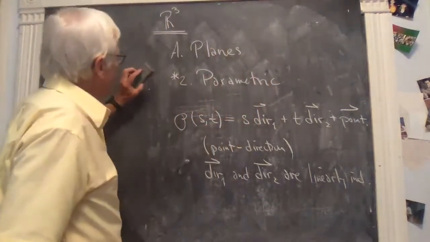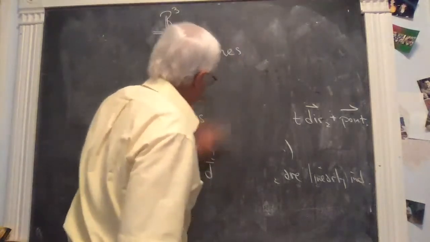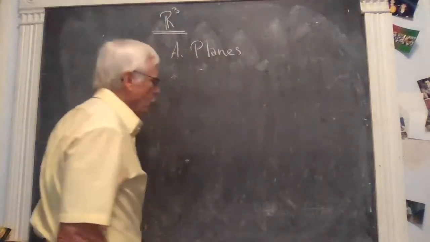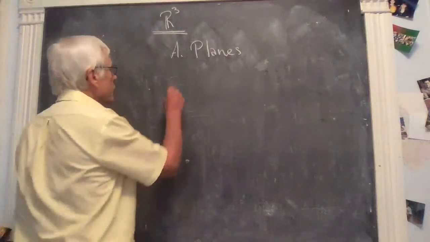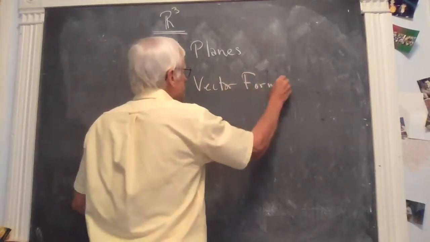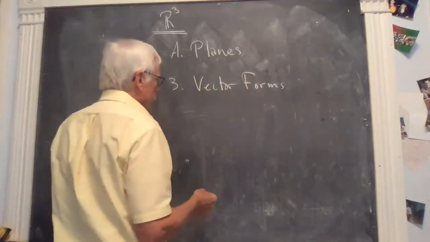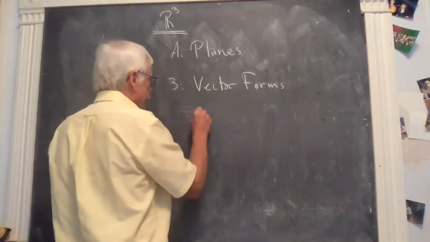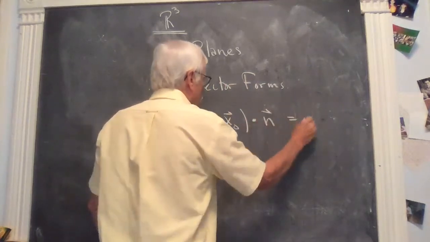Now, there is another one here, other than parametric, and these are the vector forms. And these end up to be important for a number of reasons, not just in 2 space, but in 3 space, but in higher spaces. So in this case, the most important vector form is called the point normal form, and it's of the form vector x minus x naught dot n equals 0.